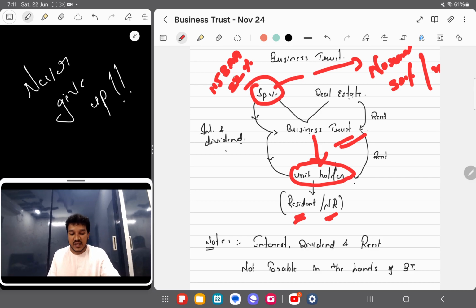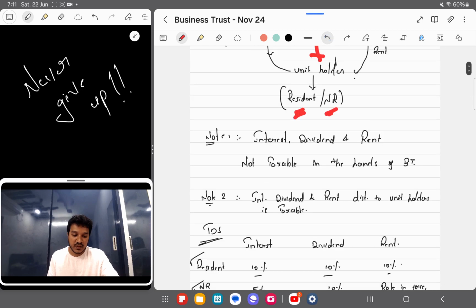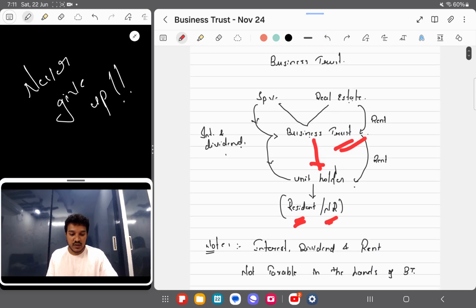So if it pays tax at the rate of 22%, then the dividend amount received by unit holders is taxable. I hope this is clear. There is only one catch in case of dividend that you need to ask yourself in the exam hall whenever you get a question: you need to see at what rate the SPV has paid tax.